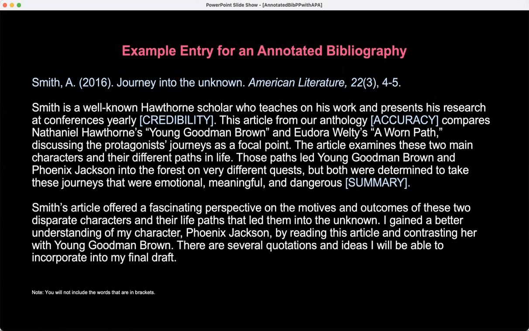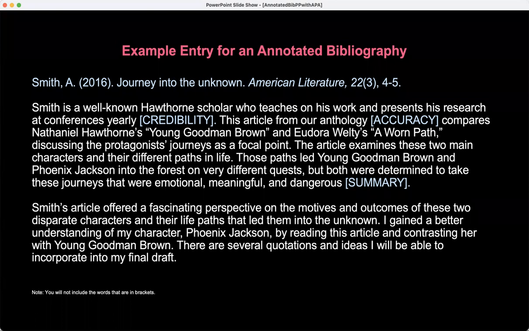Okay. Smith is a well-known Hawthorne scholar who teaches on his work and presents his research at conferences yearly. That's my credibility. So I'm telling you right up front as the reader, here's how I know this information is credible. This is an article on Young Goodman Brown and Eudora Welty's A Worn Path.